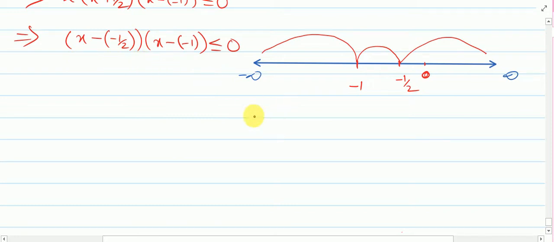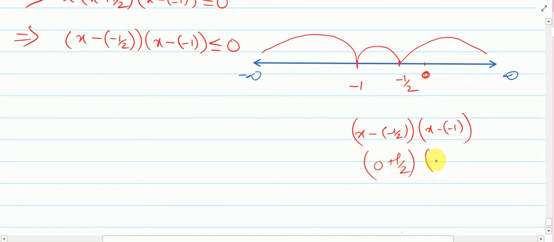Your left hand side I am writing here in rough. This is your left hand side. So in place of x you put 0, so you get 0 plus 1 in one bracket and 0 plus 1 in the other, so you are getting half, which is greater than 0.